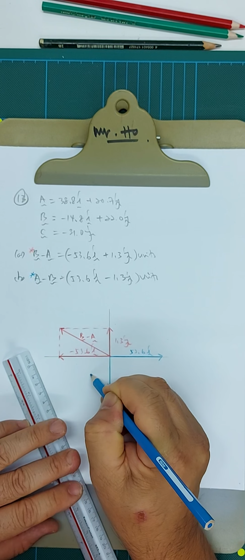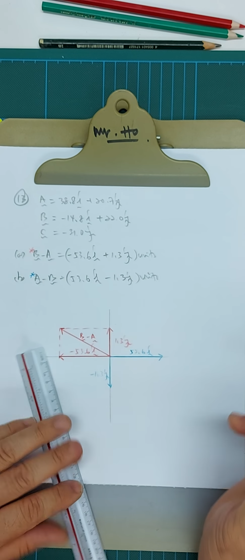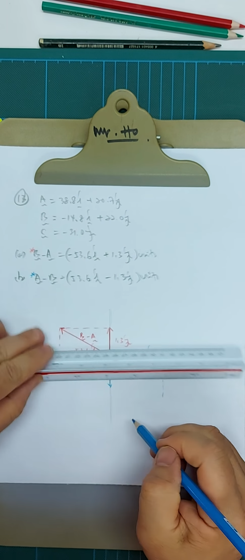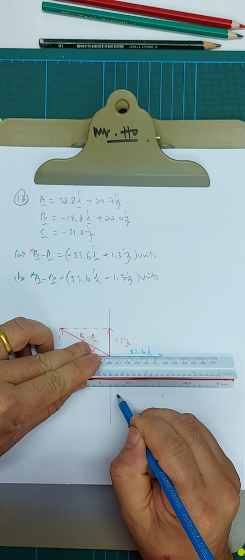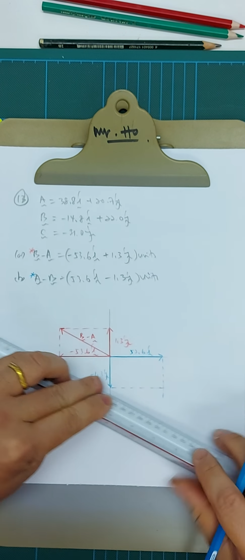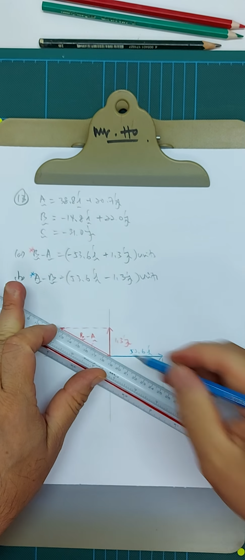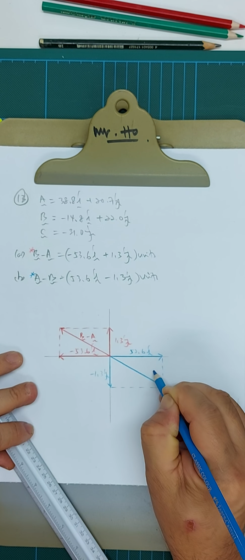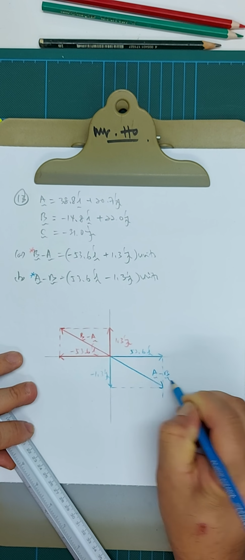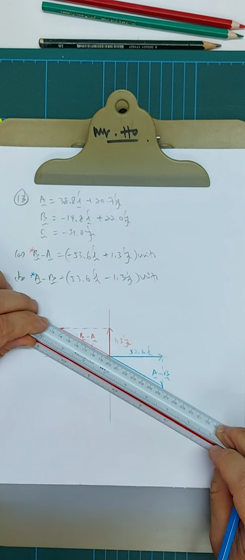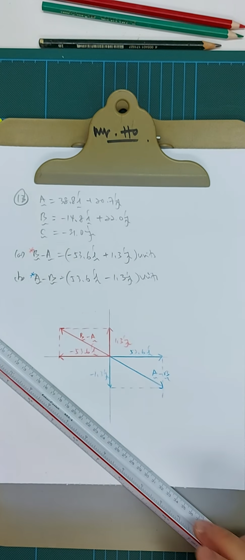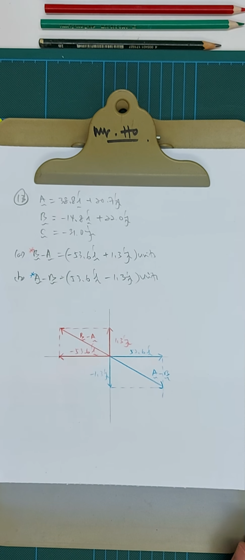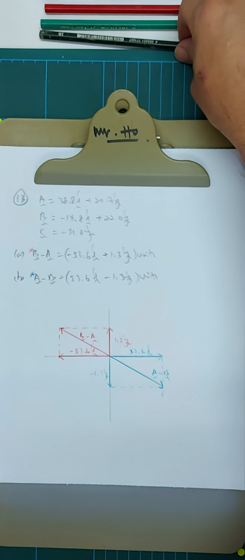So that one is negative 1.3 j, and then we combine both of them. See the direction? This one is the vector of a minus b. They form a straight line, but they are opposite, same magnitude but opposite. It's proven that they are opposite. So that one is question number 13.